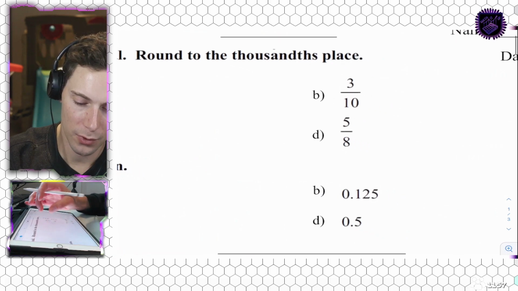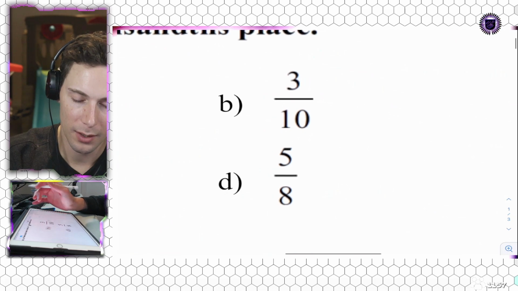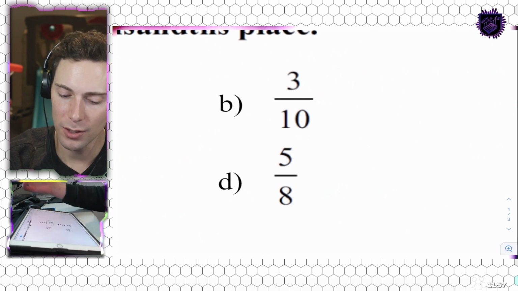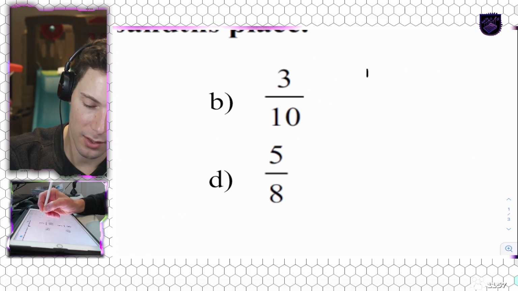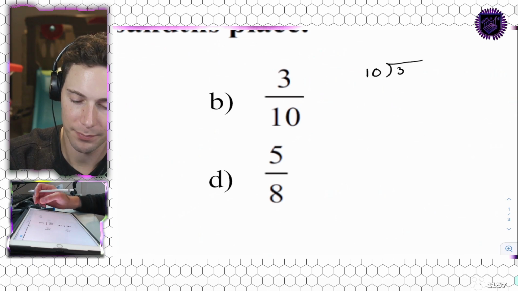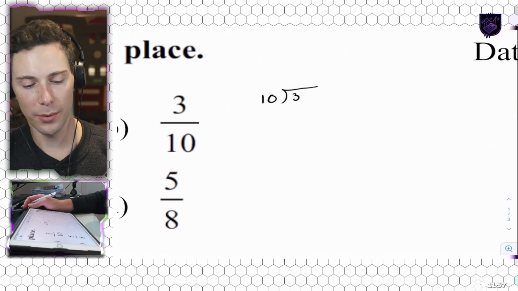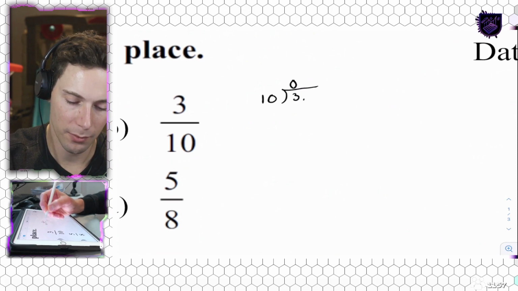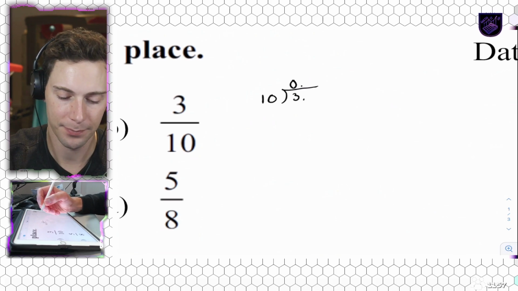So, question 1B, 3/10. Now, 3/10 is the same as 0.3. You should know that offhand, but again, I'll do the long division. 10 goes into 3. Now, when we're looking at this, we have to think right away, no, 10 does not go into 3. We'll put a 0 on top, and we're going to write our decimal on top.